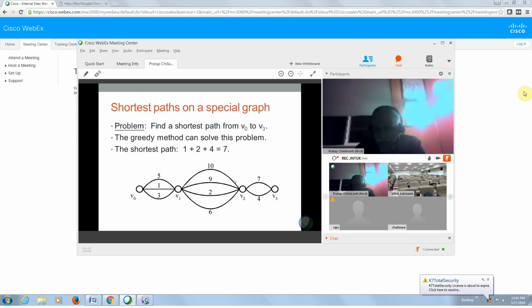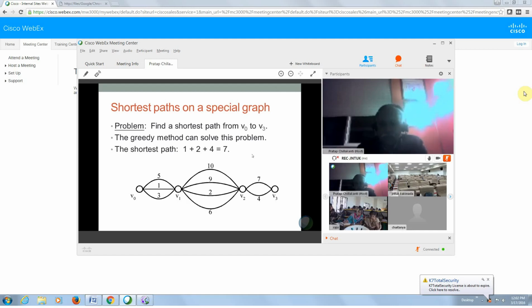You don't have the rest of the data. In this case, it turns out it's almost like a single source, so you are able to come up with the shortest path here, and you will get to that.